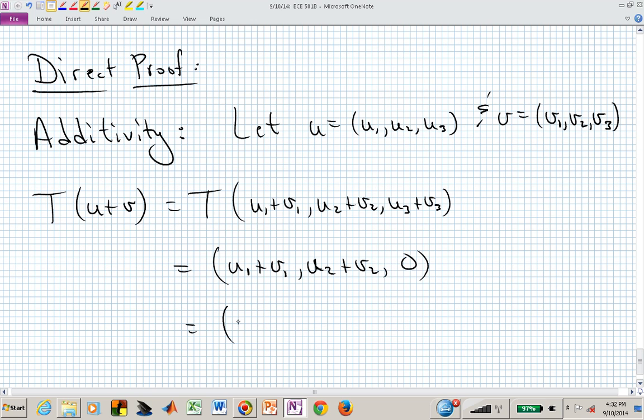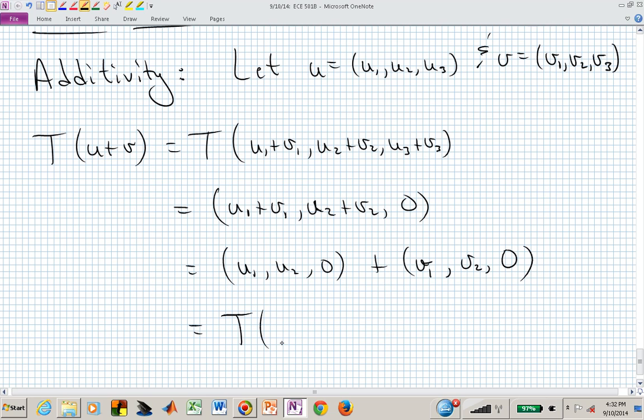But we could write that as U1, U2, 0 plus V1, V2, 0.